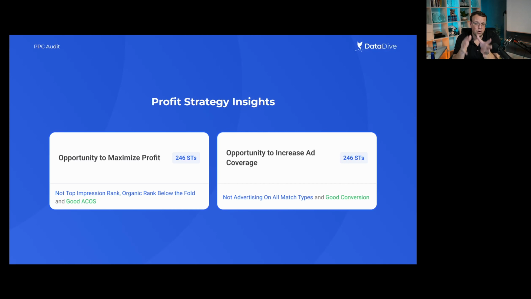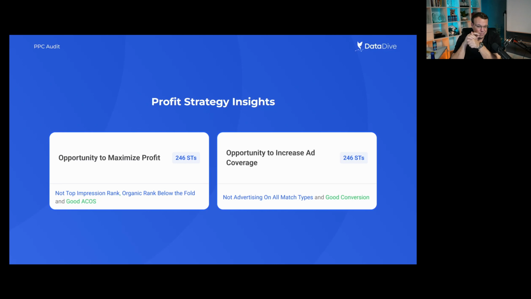which means there are competitors who are spending more money than you on this keyword. So your impression rank from an ads perspective basically is how many competitors are ahead of you as far as spend. Your organic rank is below the fold. So you're not ranked well, but your ACoS is good.